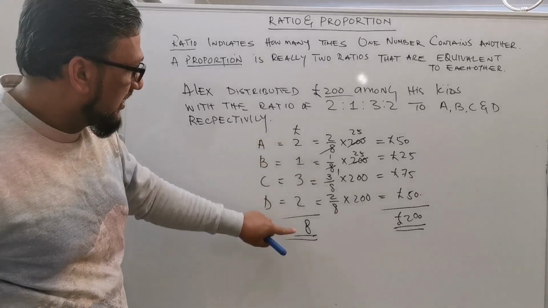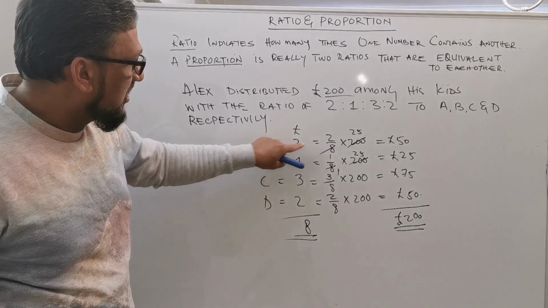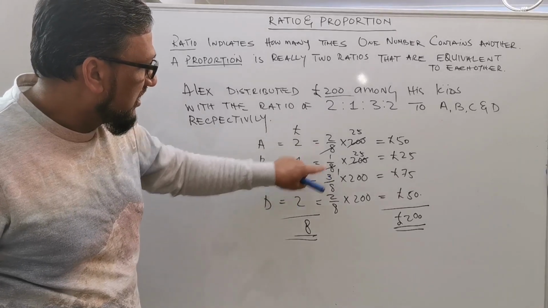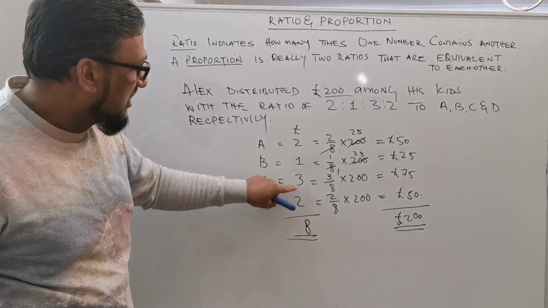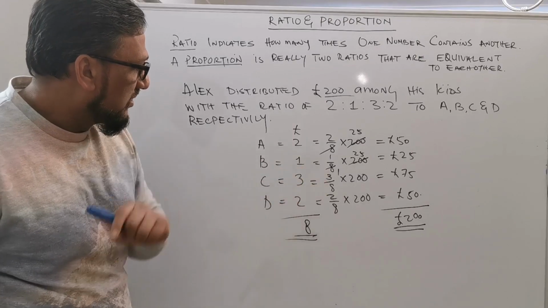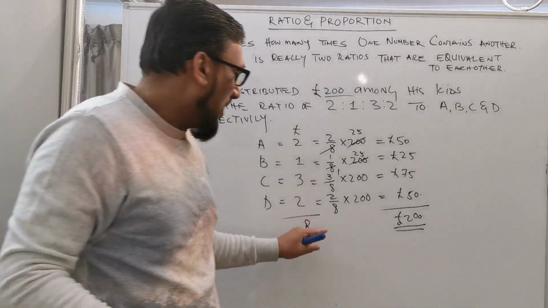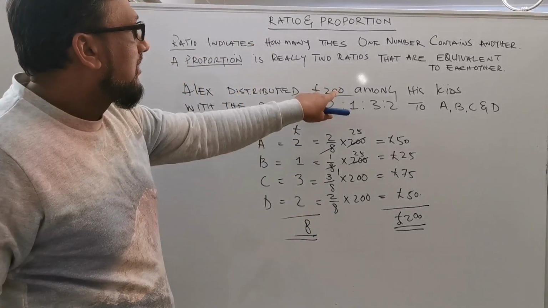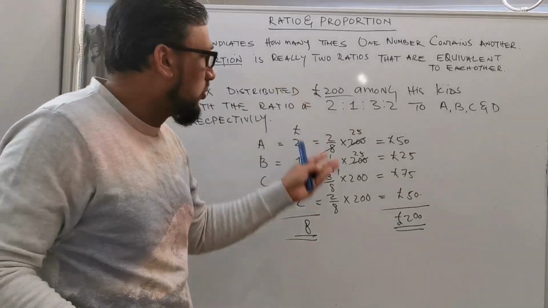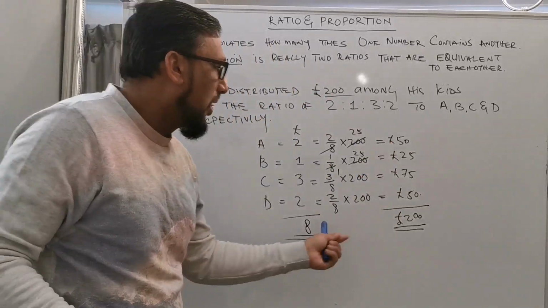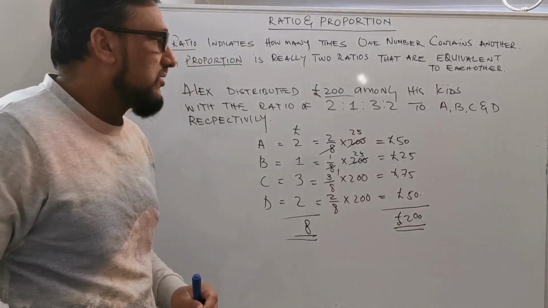For every 8 pounds, Mr. A gets 2, Mr. B gets 1, Mr. C gets 3, and Mr. D gets 2 pounds. And the total money distributed is 200, so I multiplied by 200 to get the answer.